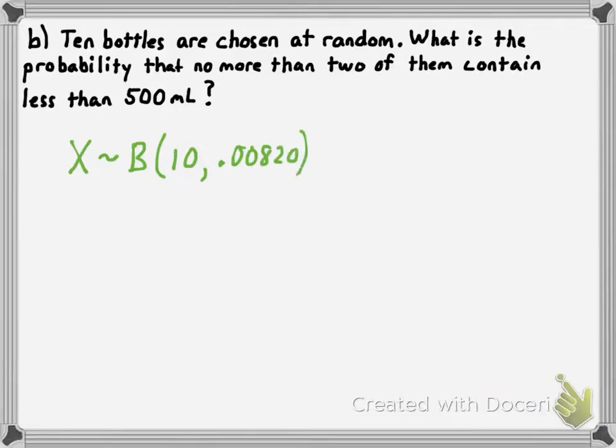All right, so there's our N and our P. And what we're trying to do then is figure out the probability that X is no more than 2, right? So that X is less than or equal to 2. So that's going to be a cumulative binomial function that we're working with.